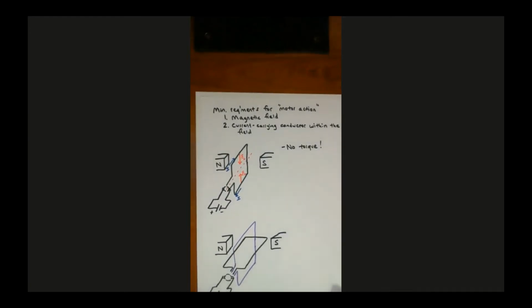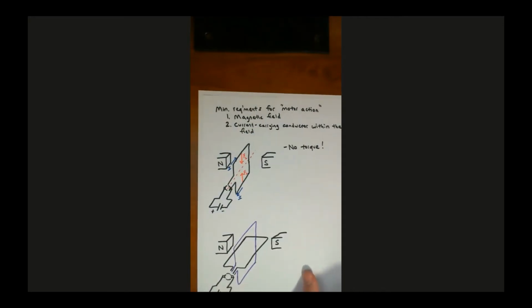We need more torque to accelerate the motor to a faster RPM. So if we want to get a larger Lorentz force to accelerate the motor to a faster speed, remember what you got to have. You got to have a magnetic field. That's not going to change, but you also got to have a current carrying conductor within the field. So if you want to get a larger Lorentz force, then you need more current. How do you get more current? You apply a higher voltage.